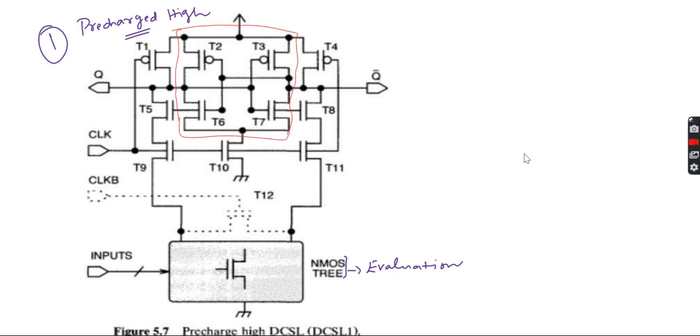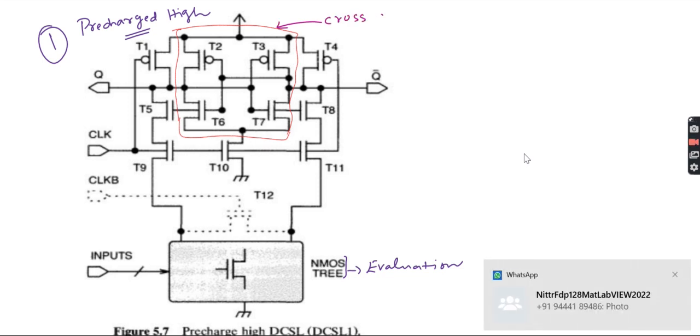See this portion. This is the cross-coupled inverter.